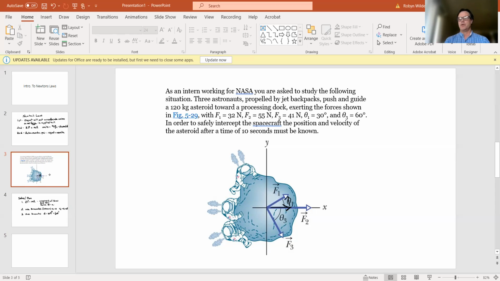I'm just using trigonometry to get the x and y components. I notice F3 does have a negative y component. It's pointed downward. And F2 only has an x component. Again, I'm just using the angles and the magnitudes of the forces, using trigonometry sines and cosines.